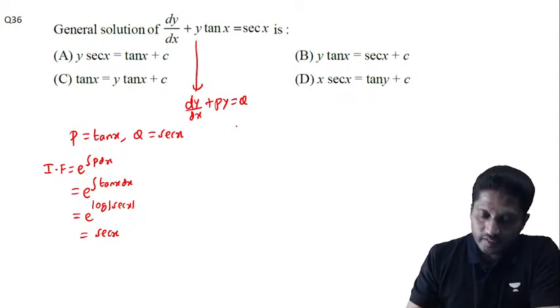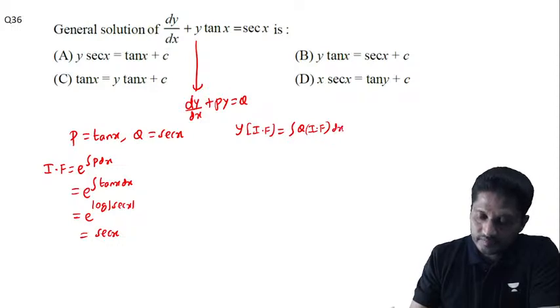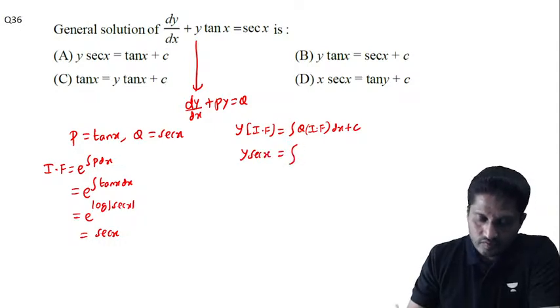Now solution is y into IF is equal to integral q into IF dx plus c. Y into IF, which is sec x, is equal to integral q, which is sec x, into IF, which is sec x, dx plus c.